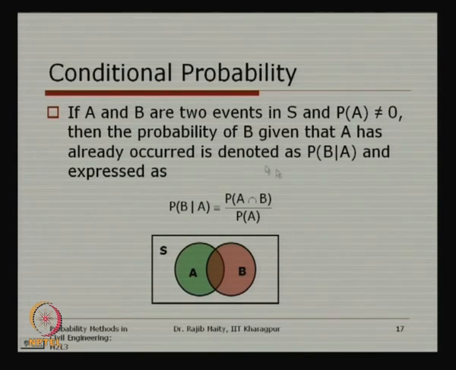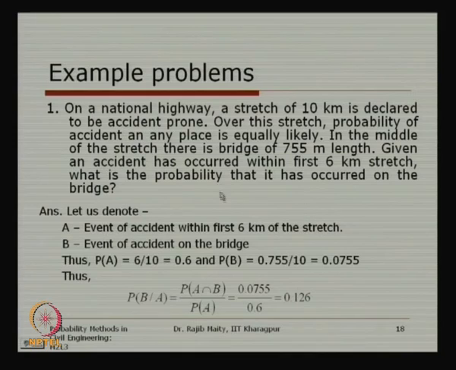Now we will see the application of this simple conditional probability equation to a civil engineering related problem. Here on a national highway, a stretch of 10 km is declared to be an accident prone zone. Over this stretch, the probability of accident at any place, sorry for the spelling mistake, is equally likely.